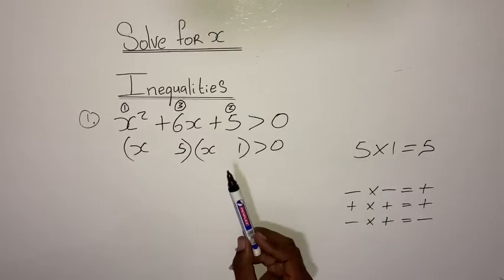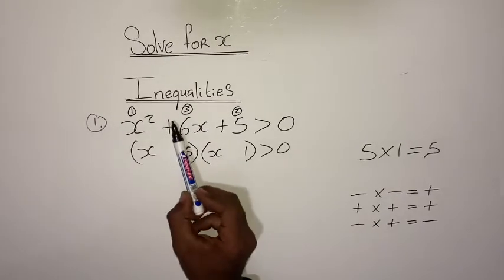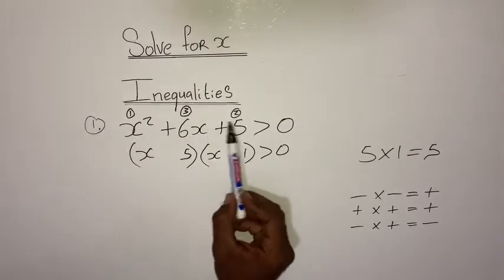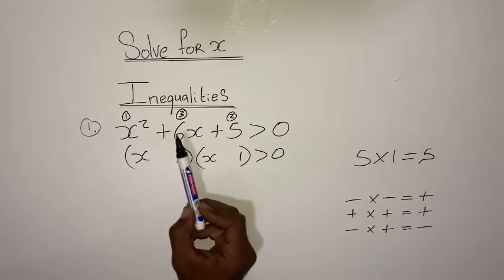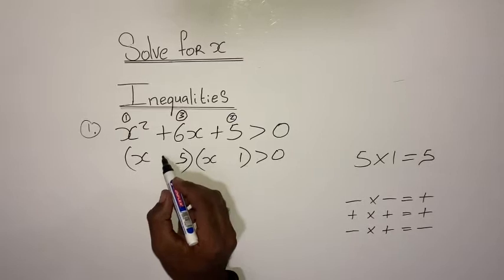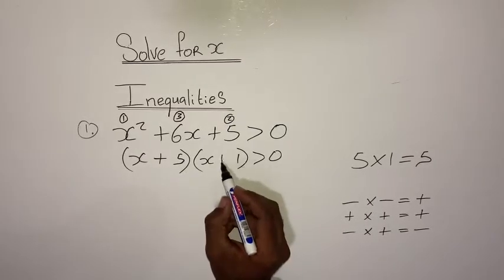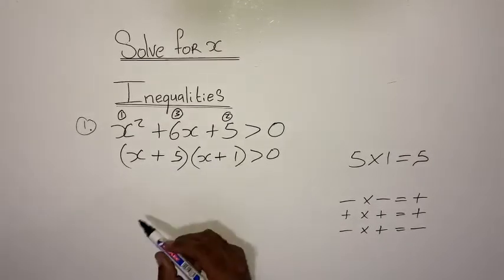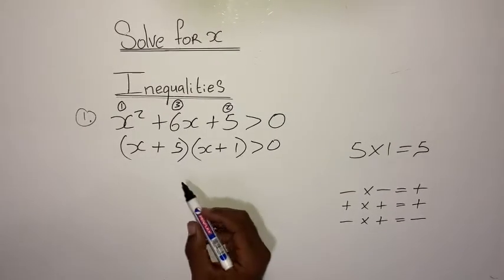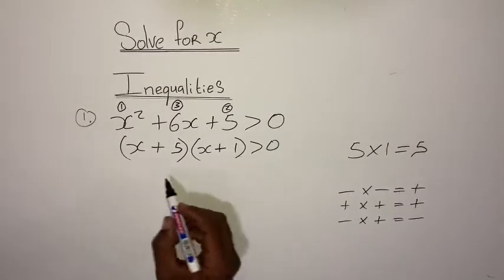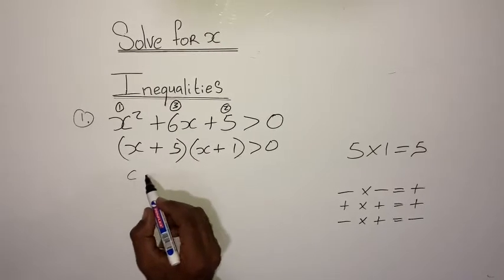But which sign will that be? It will be the sign of the middle term. In this instance, our middle term has a plus. It's a plus 6. Therefore, the signs in the brackets will be positive and positive. From here, we'll go on to find our critical values.